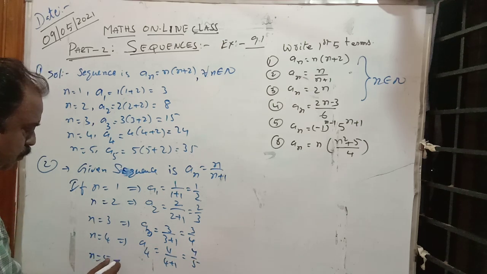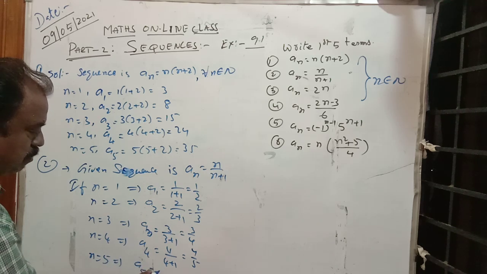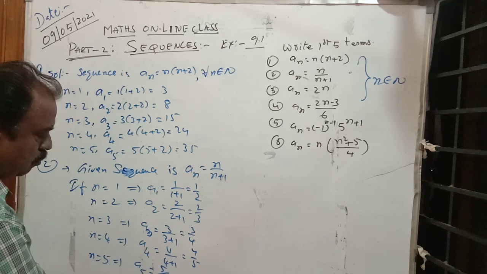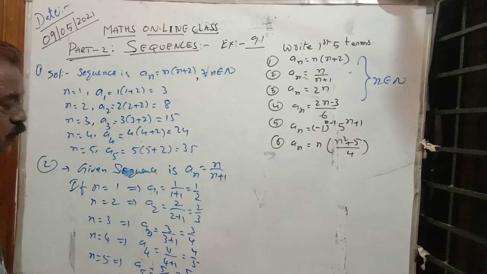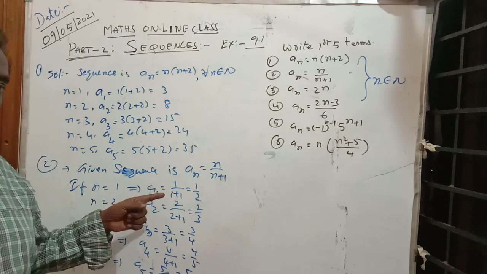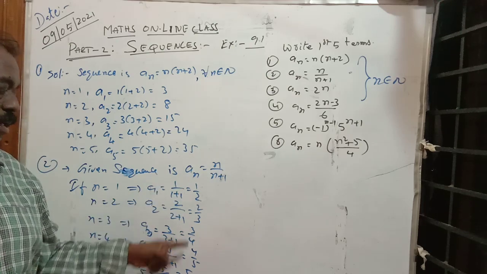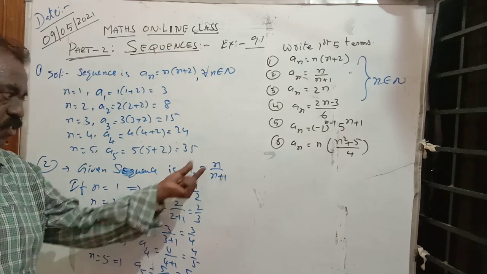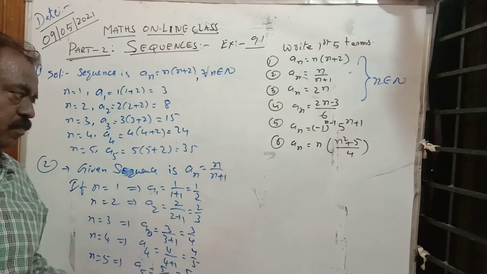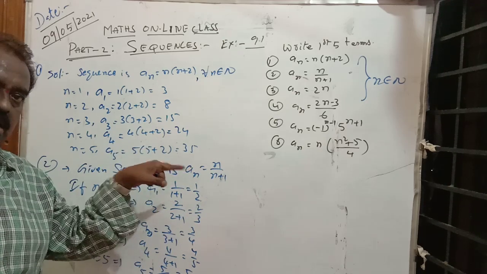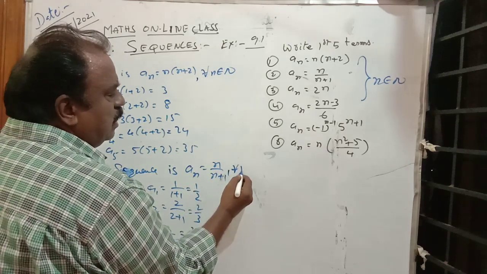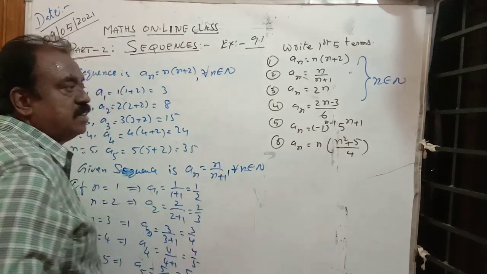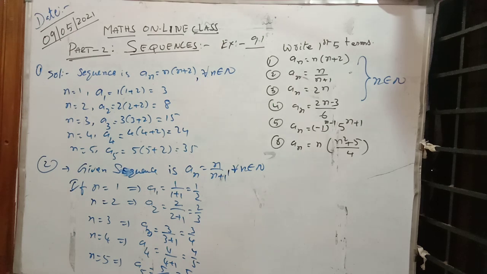When n is equal to 5, a5 is equal to 5 by 5 plus 1, 5 by 6. Okay, then? So, here also a fixed rule is there. That rule is n by n plus 1. Numerator n, denominator is n plus 1. Here also the n belongs to capital N. That is the thing.